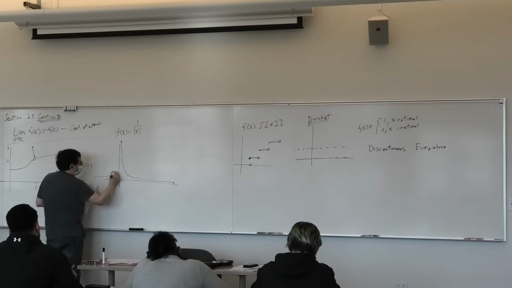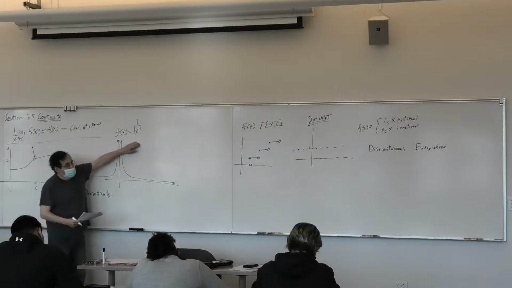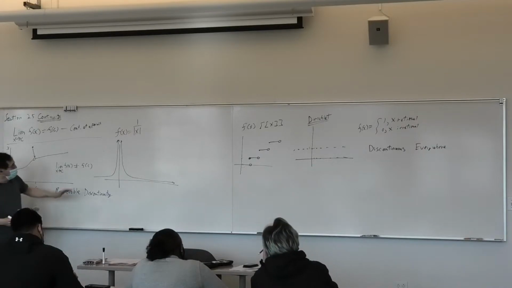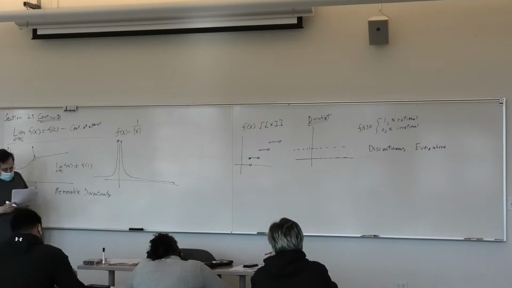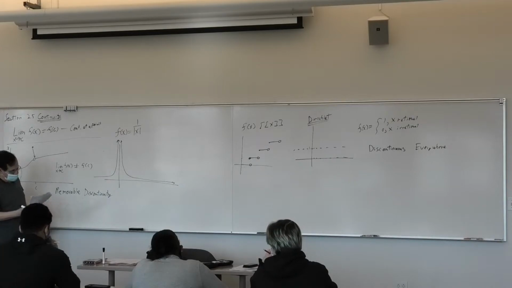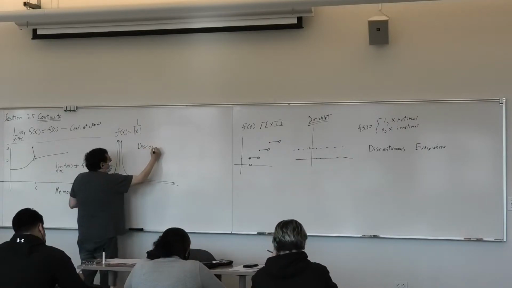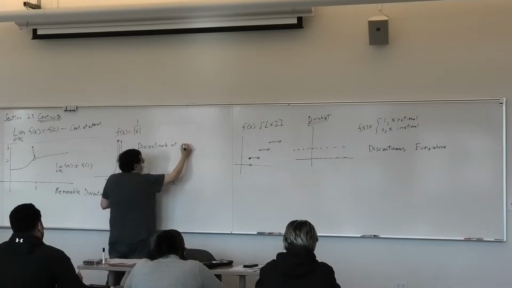We get close from this direction, it also goes up to infinity. The function is not defined at 0. So it's continuous everywhere else, but it's not continuous here. And it's not repairable. It's not a jump discontinuity. We call this an infinite discontinuity.